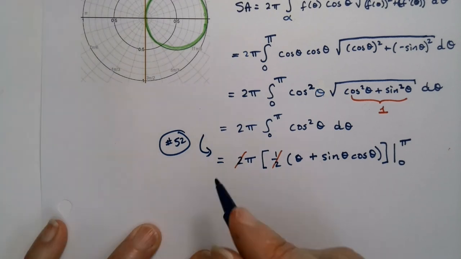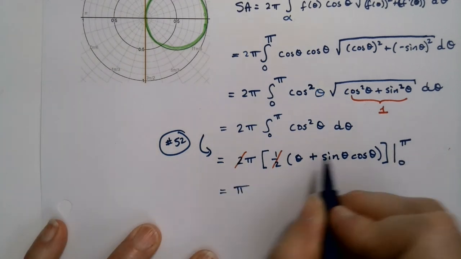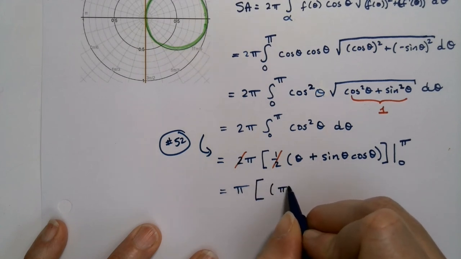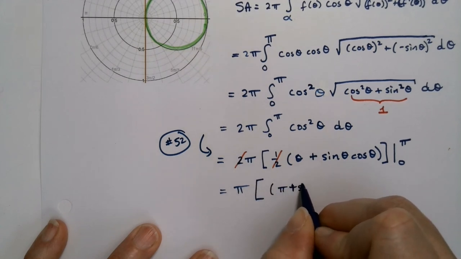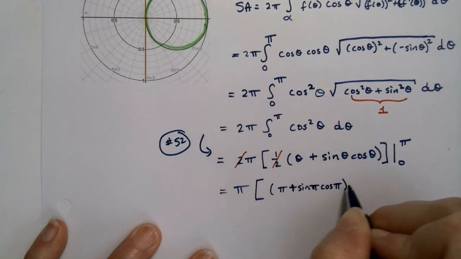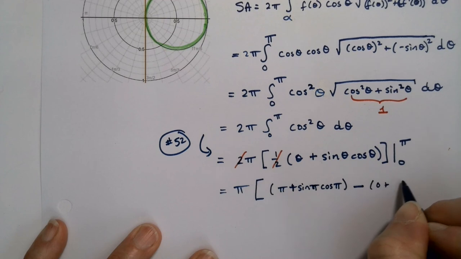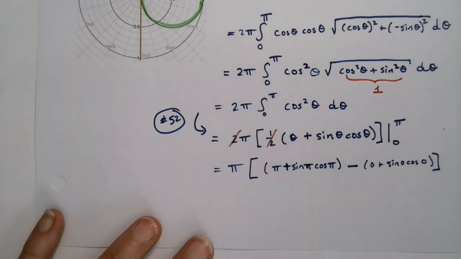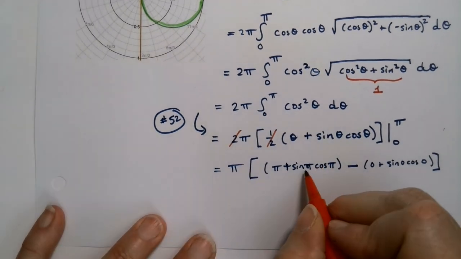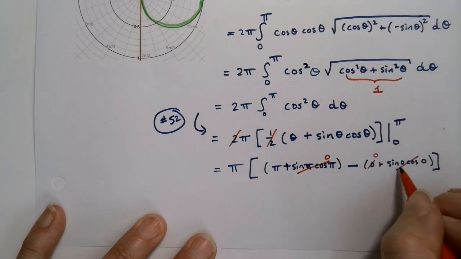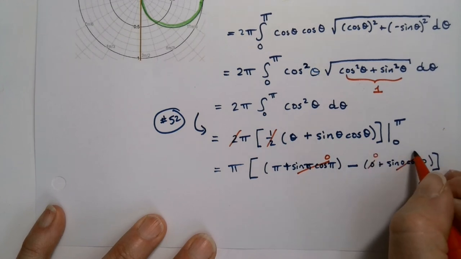So that leaves me pi times, and then I'm going to put pi in here and 0 in here. So it's pi plus sine of pi cosine of pi minus 0 plus sine of 0 cosine of 0. Well, the sine of pi is 0, so that's gone. 0 is 0, and the sine of 0 is also 0.